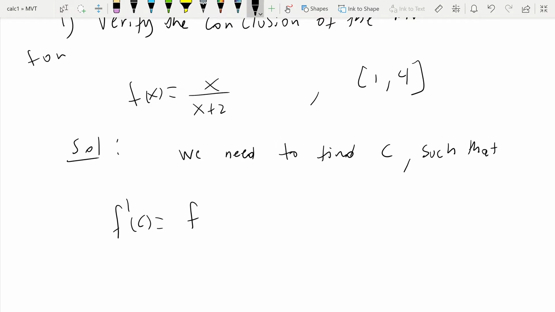That means f of 4, this first point, the endpoint, minus f of 1, the other endpoint, divided by 4 minus 1.